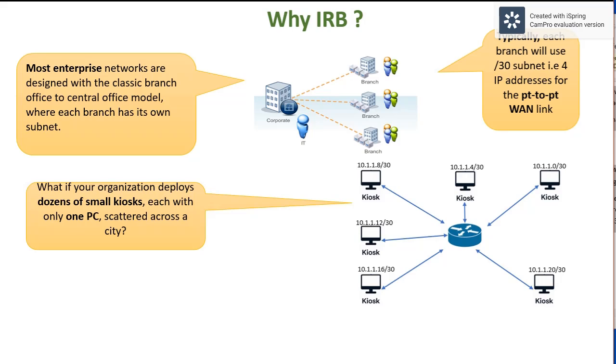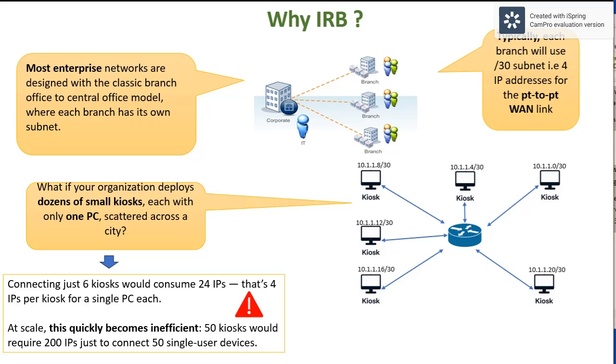But what if your organization is deploying kiosks with a single user across the city? Connecting just 6 kiosks using this model consumes 24 IPs. 4 IPs per kiosk. Scale that to 50 kiosks and you are using 200 IPs just to connect 50 devices. That's a waste of valuable IP space.